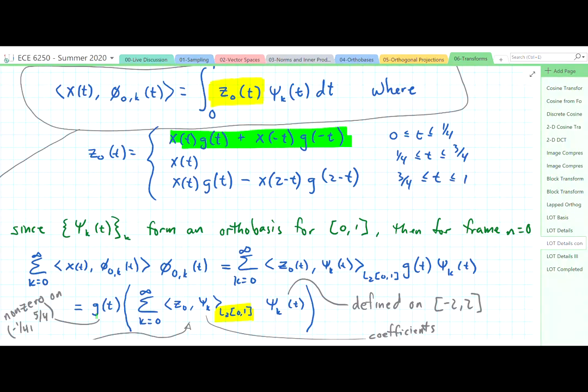So z is our new strange function that has x multiplied by our window, and psi, of course, is our cosine 4 basis. And we just use the regular projection on L2 of 0, 1. So that's a different projection than we have over here. And we still have our phi 0 comma k of t, which over on the right is now going to be g of t times psi k of t.